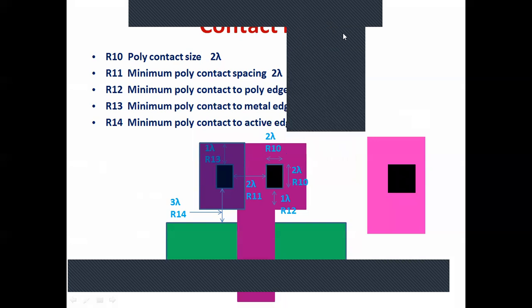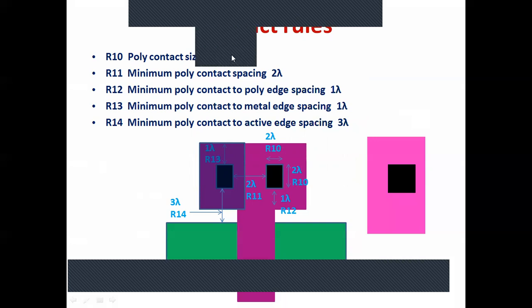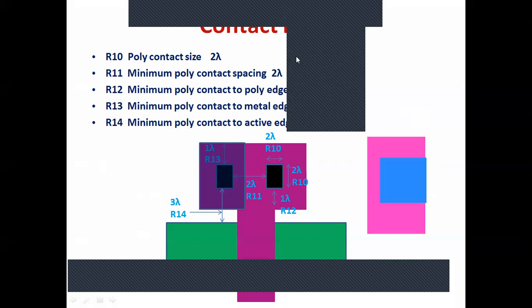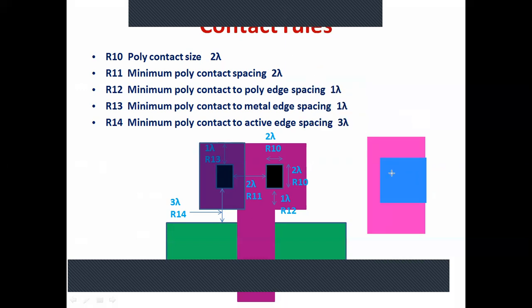So when you put metal on the contact, so if this is metal, again the contact has gone, so I will draw the contact here. So this is contact.